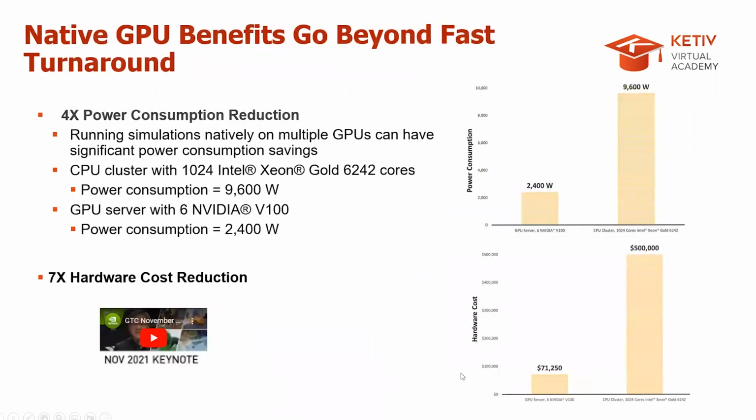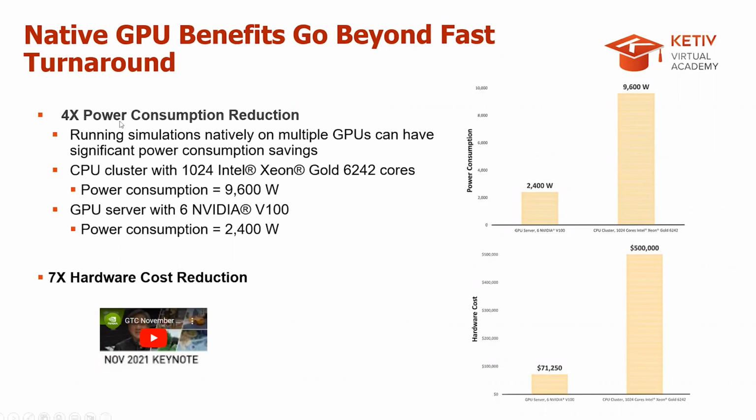Now, we're not just talking about simulation throughput, we can also talk about the advantages both in terms of power consumption and hardware cost reduction. So here on the slide, you see 2 graphs. When you're running simulations on multiple GPUs, you can have significant power consumption savings.